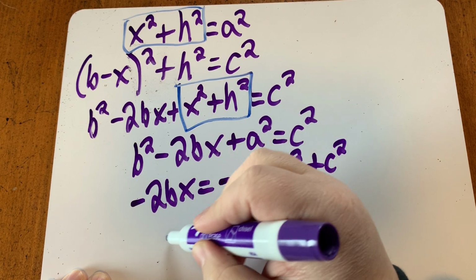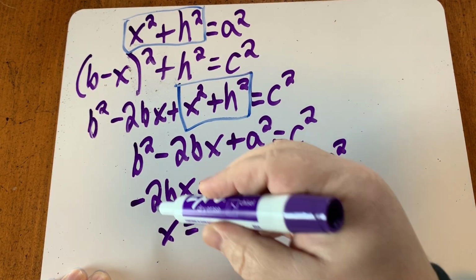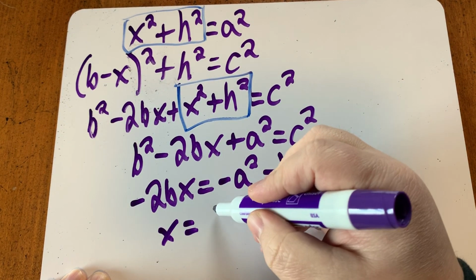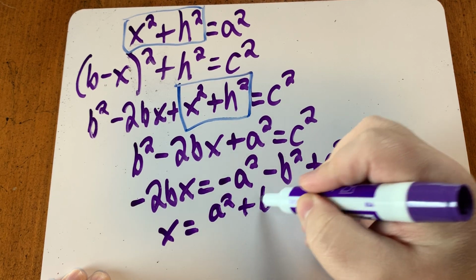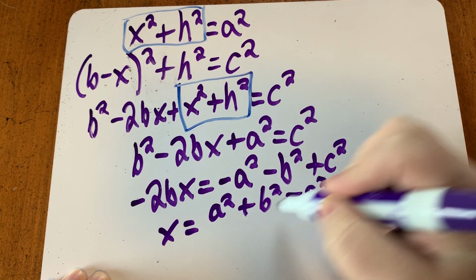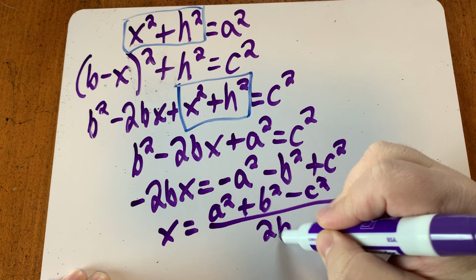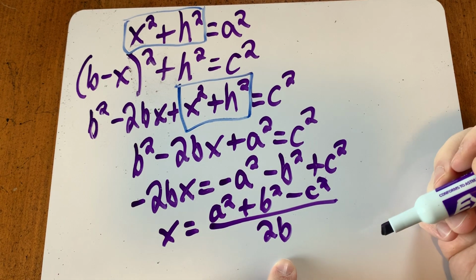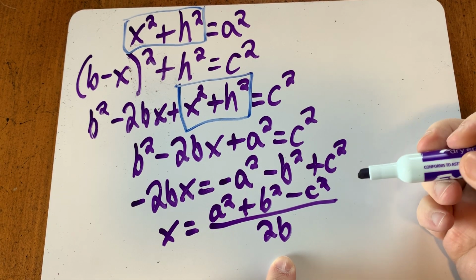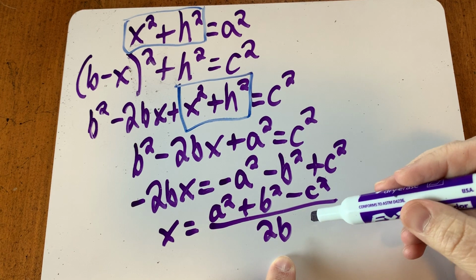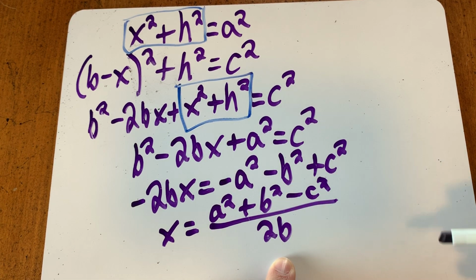And then divide by negative 2b. Dividing by a negative changes all the signs, so it's a squared plus b squared minus c squared all over 2b. So we have an expression for x in terms of all the things we know.